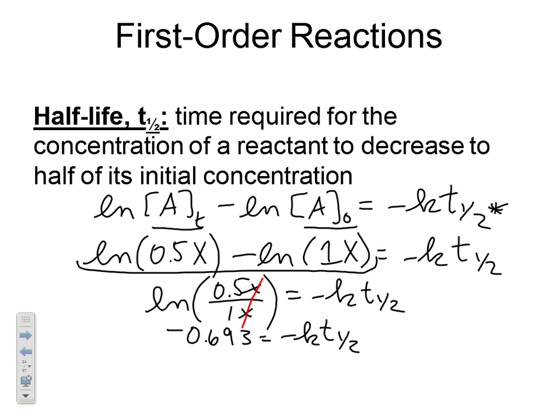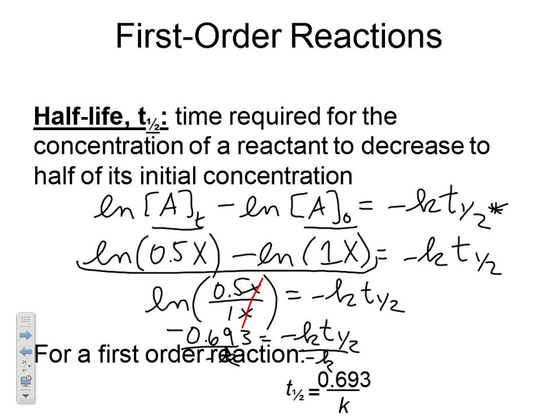If I simply bring the k over, divide both sides by negative k, then I get this equation right here. T1/2 is equal to 0.693 over k, which, if you look at your reference table, is actually on there.